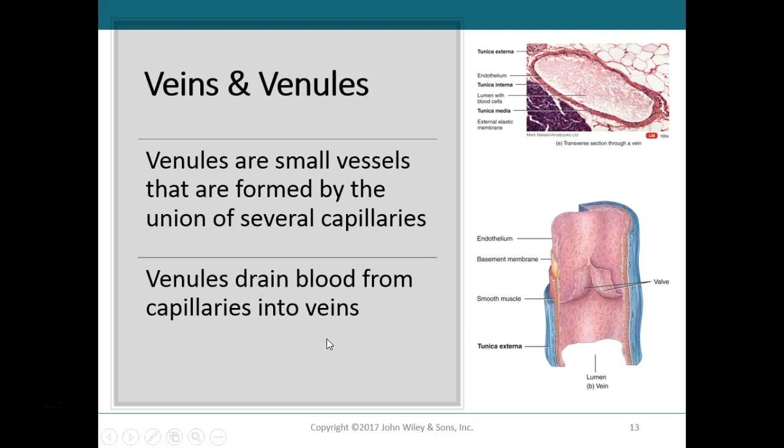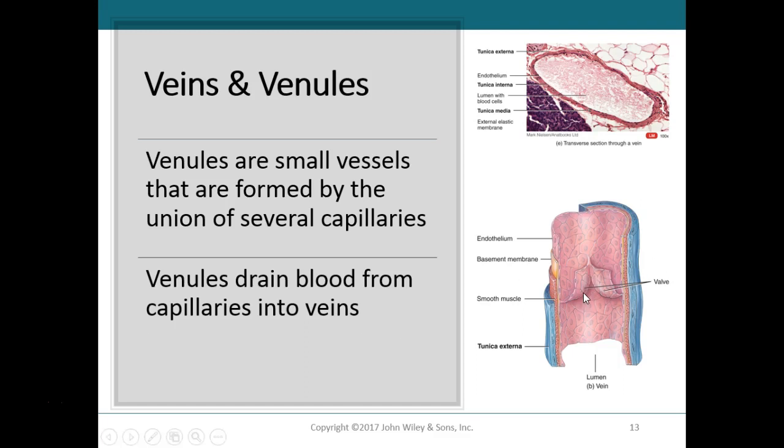So just a reminder of some of the things that we've seen with veins. The thinner walls, so thinner tunica externa, very, very thin tunica media, and then just the normal endothelial lining, the tunica interna. But I want to go ahead and point this valve out right here because we will be talking about the importance of this valve when we're looking at blood flowing back to the heart.